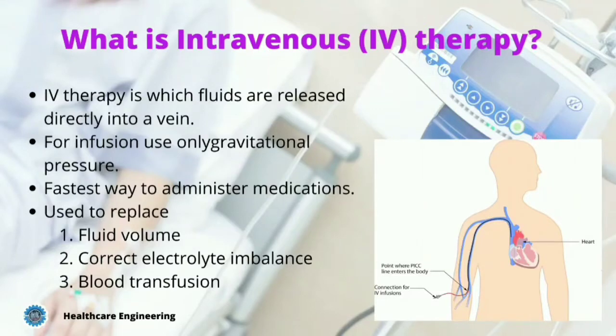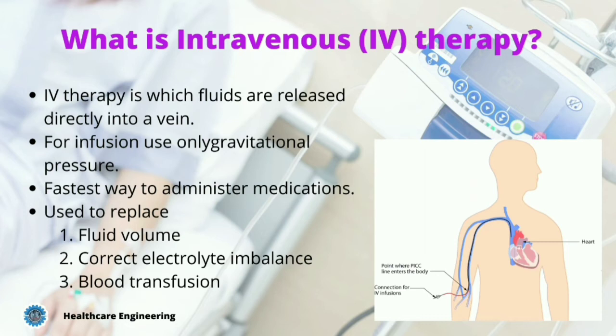Now, what is intravenous therapy? Intravenous therapy or IV therapy is where fluids are released directly into a vein. The intravenous route of administration can be used for both injections using a syringe at high pressure, and infusions. Intravenous infusions are commonly known as drops.